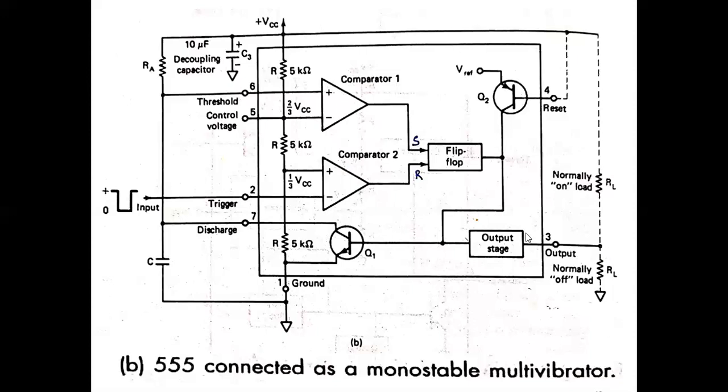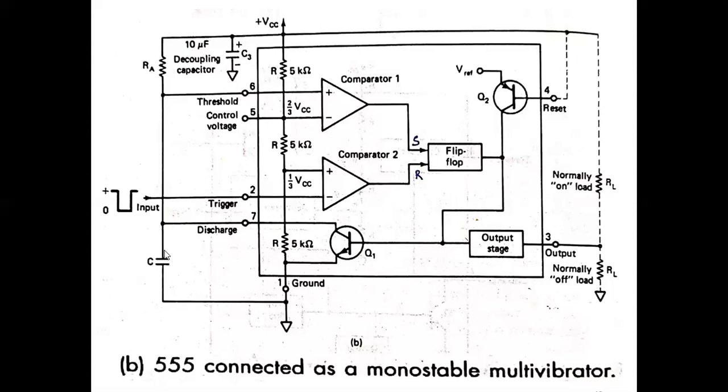At the same time, the output of the flip flop turns this transistor Q1 on once again. Hence the capacitor C rapidly discharges through the transistor.